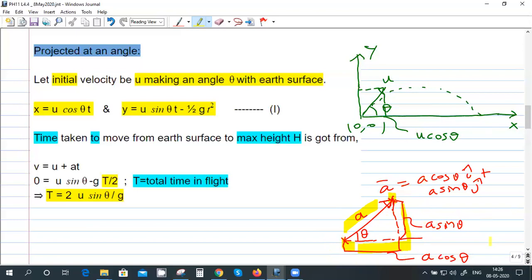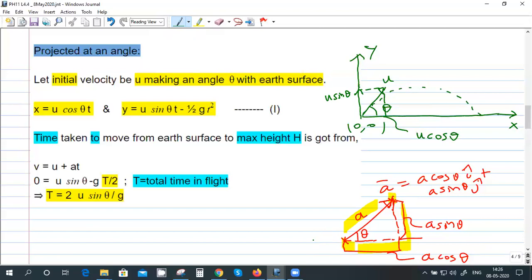Similarly, u is a velocity vector. So in the horizontal direction it is u cos theta, and in the vertical direction it is u sin theta. In the x direction it's a uniform velocity motion. There is no acceleration.